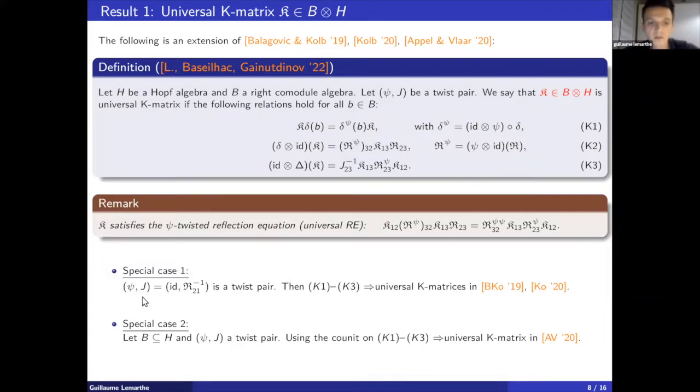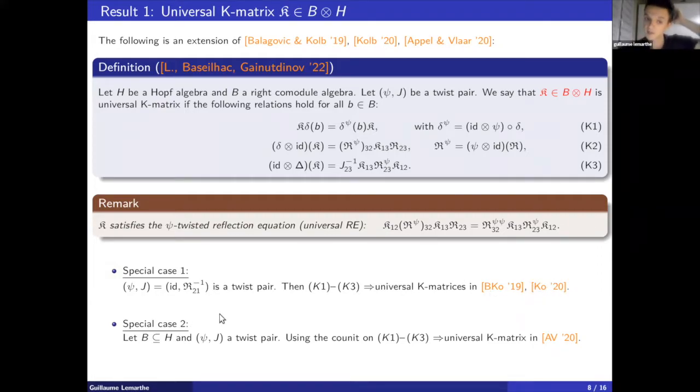Okay, so now let us see some special cases. The first one is if you fix the twist pair as psi equal identity and J equal R21 inverse, so it's a twist pair, and this relation K1, K3 reduces to the universal K matrix defined in the work of Balagovic and Kolb.